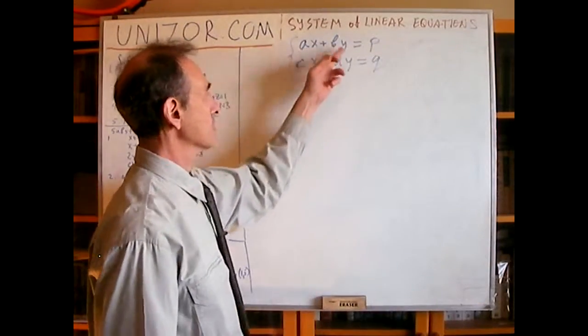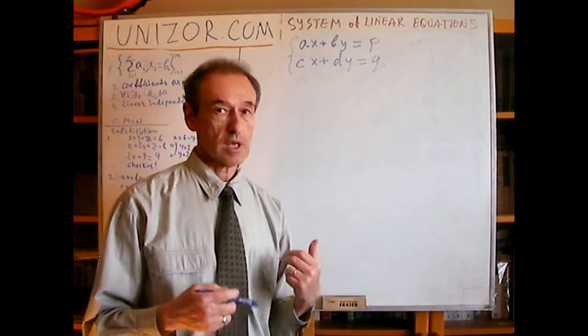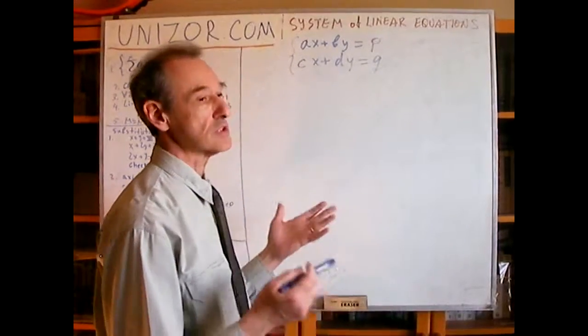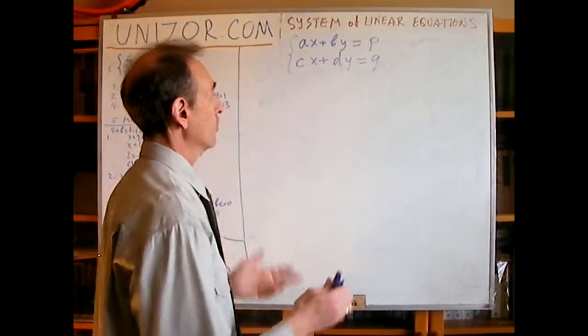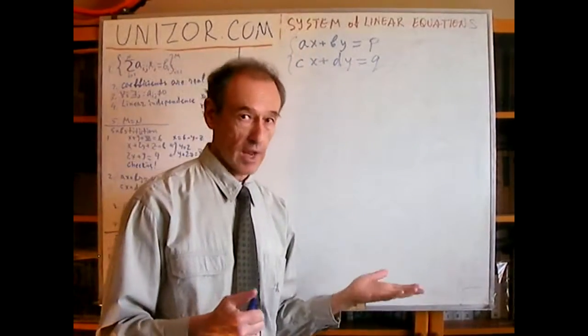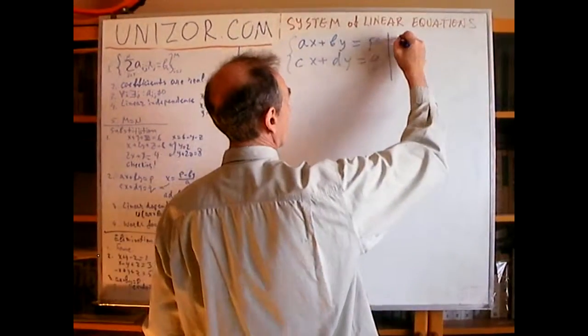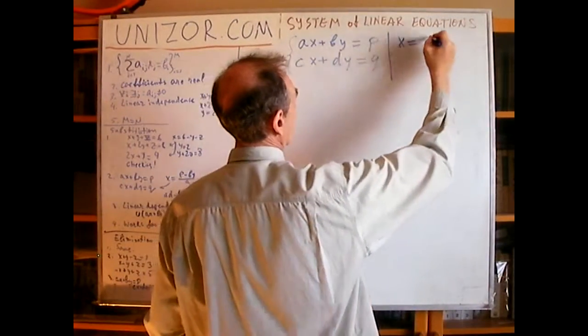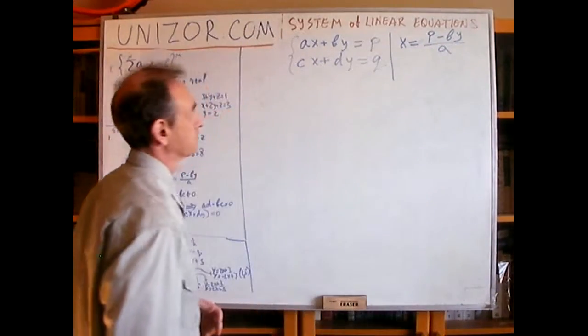Now, I know that at least some coefficient in every equation is not equal to 0. Well, let's assume for definiteness that this is x, coefficient at x, which is a, which means I can find that value of x in terms of y. It would be x equals p minus by divided by a, right?